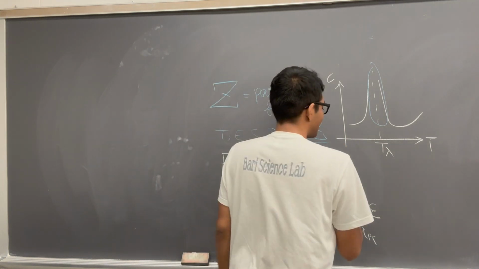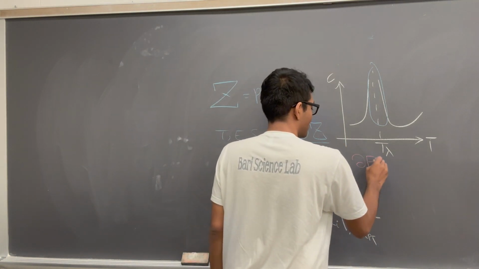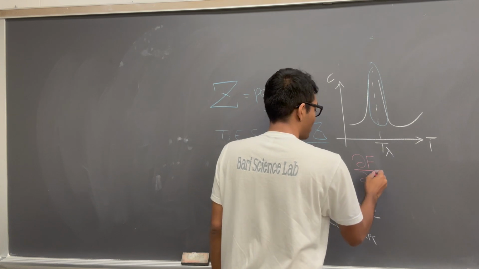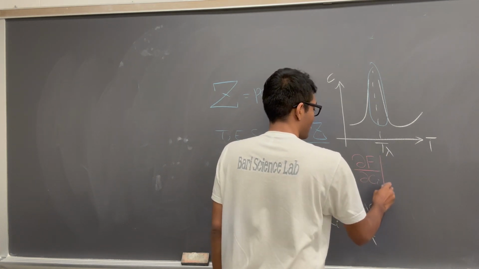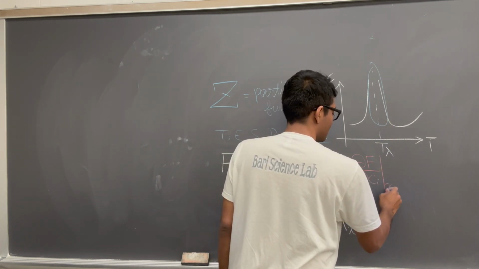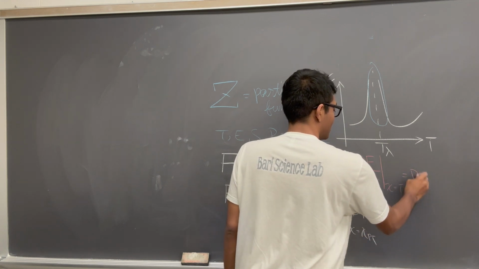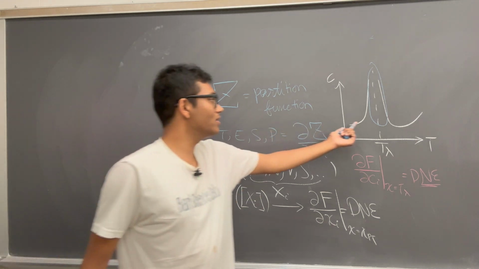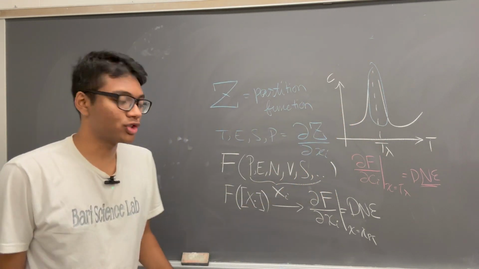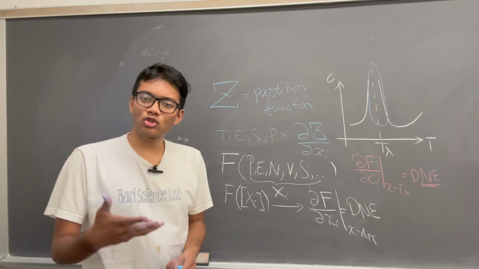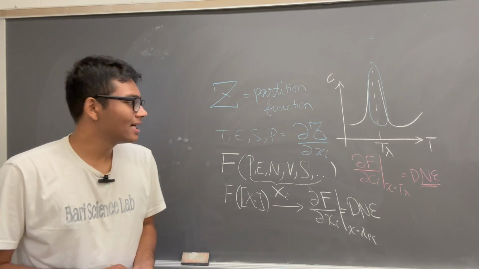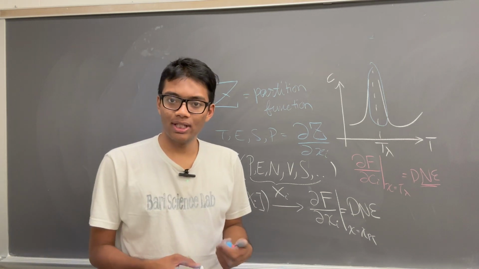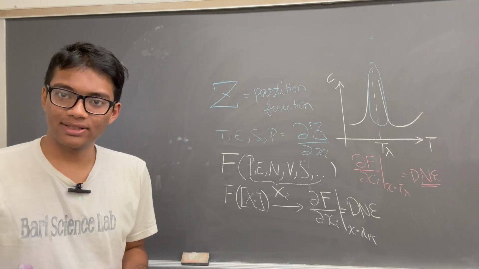And another way to phrase that is, if we found the free energy at that point, at T sub lambda, then it does not exist, right? Because we have a discontinuity here, clearly. It diverges. So an even stronger statement to make would be to ask: what kind of a discontinuity do you have? What order phase transition do you have?